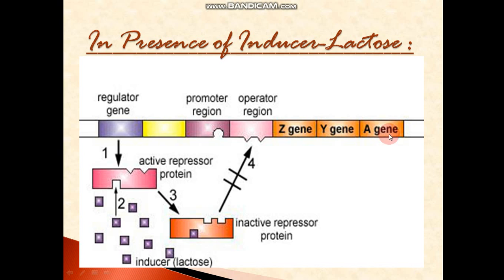These all three enzymes which are produced are going and acting on the lactose itself. The lactose which has given the permission, which has stopped the repressor from going and attaching to the operator so that the genes are expressed. So once the genes are expressed, the enzymes which they are producing are going and acting on the lactose itself and digesting the lactose.